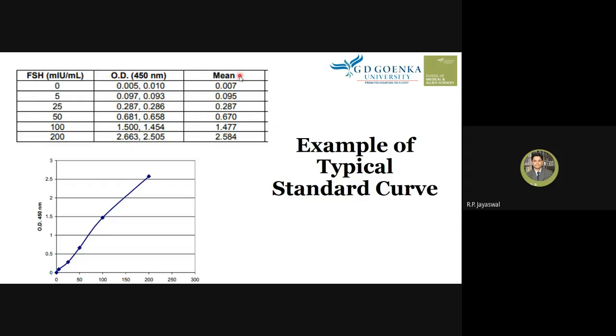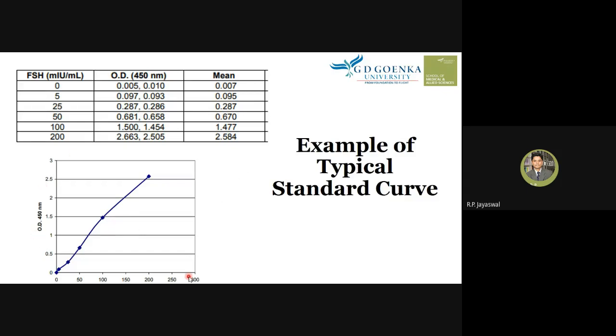The 0 concentration vial has OD 0.07. 5 micro international units per ml has an average OD of 0.095. 25 micro international units per ml has an OD of 0.277. This is the concentration and this is their average absorbance.